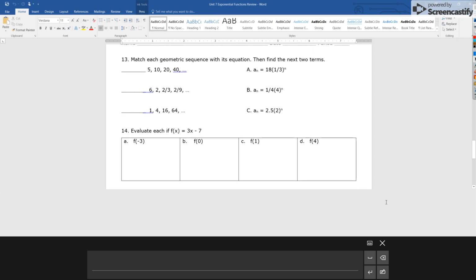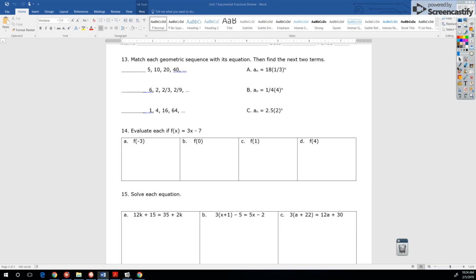Okay, match each geometric sequence with its equation, and find the next two terms. So I have 5, 10, 20, 40. Geometric means that I'm going to be multiplying or dividing from term to term. So 5 to 10 to 20 to 40, I see that I'm multiplying by 2 every single time. So if I continue that, I get 80 and 160.